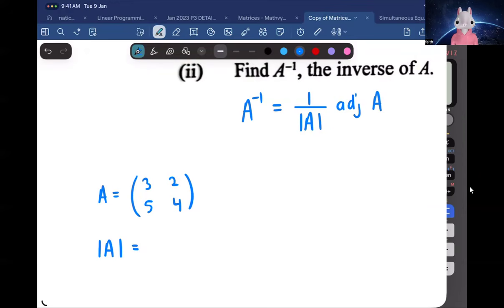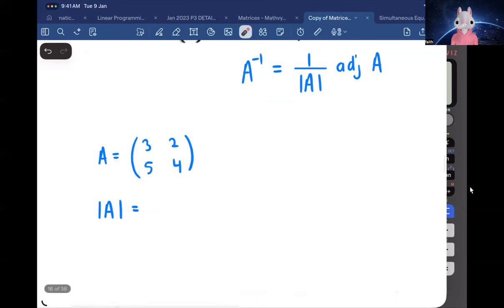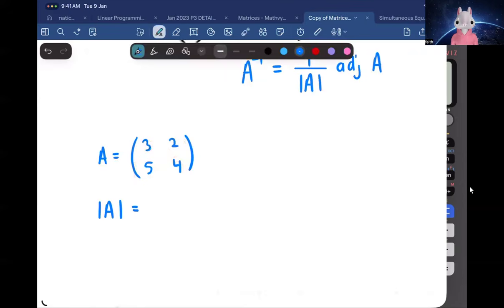The only thing popping up in my mind is like fractions. To find the determinant, you're going to multiply the first diagonal and then minus it from the product of the second one. So I want to multiply the first diagonal. 3 4s, that's 12, and 2 5s are 10.